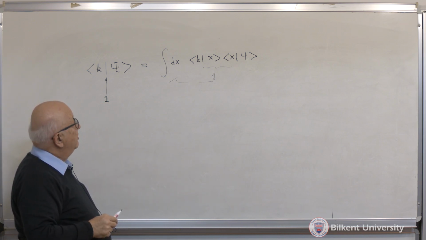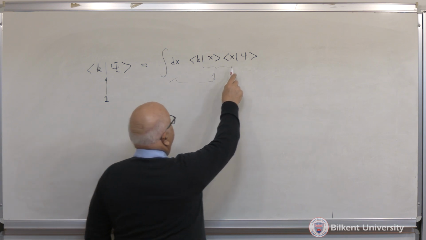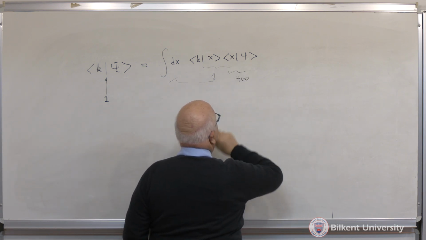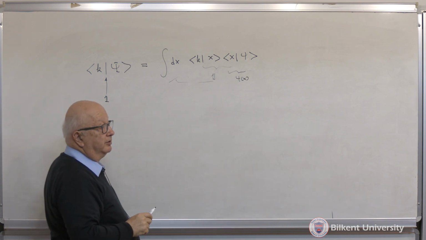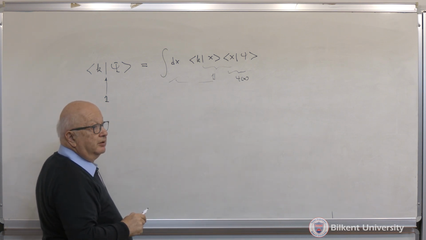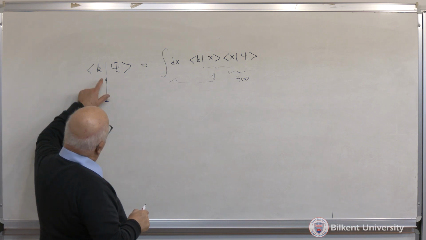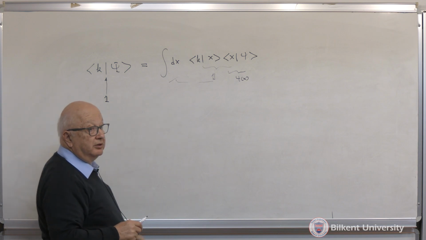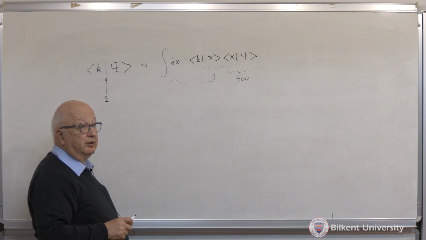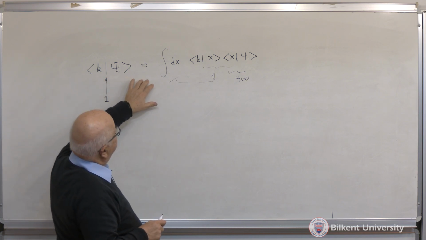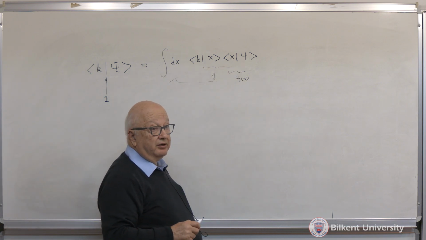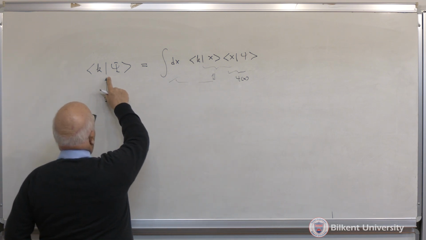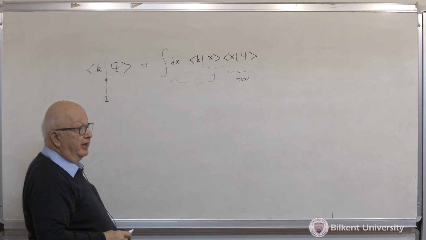Now this thing here is my psi of x. So I have this projection in the k direction of psi, which is given by this integral. It contains this psi x and is going to give me k psi.